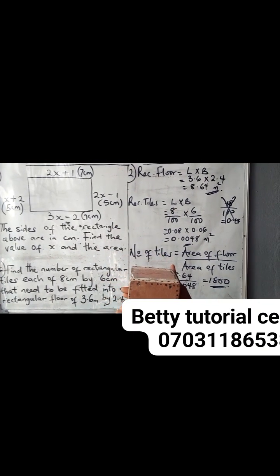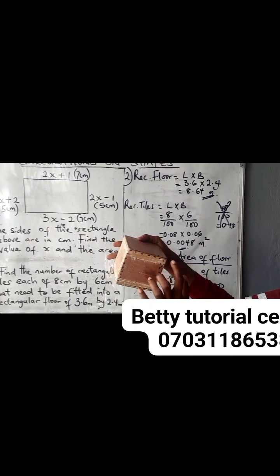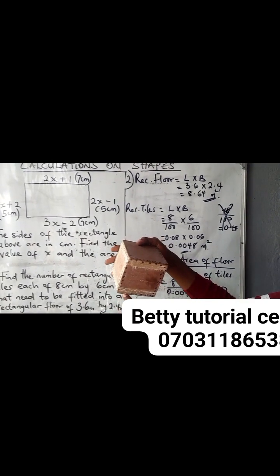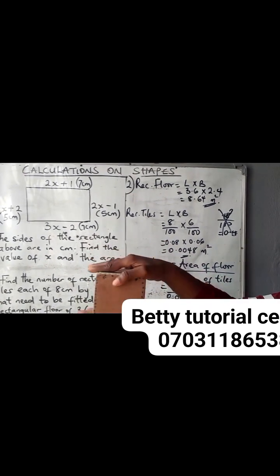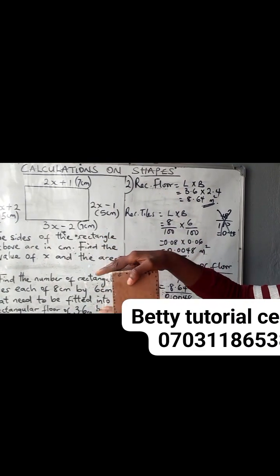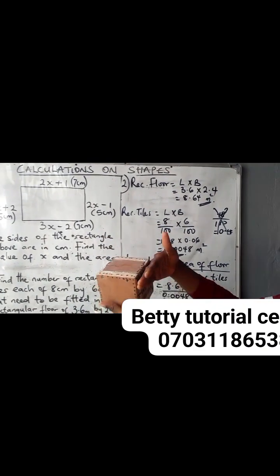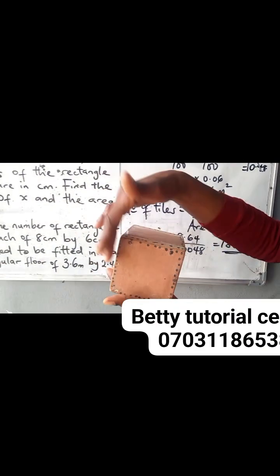But now that we are calculating the number of tiles needed for the floor, this is the length and the breadth. So all we need to do is multiply once, because we don't need to multiply 2 or 3 times. We have only one floor. It is when we are calculating for the wall that we calculate one part and then multiply it times 4 to get the 4 parts.